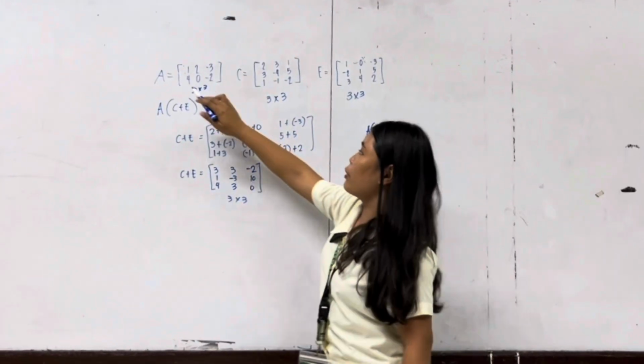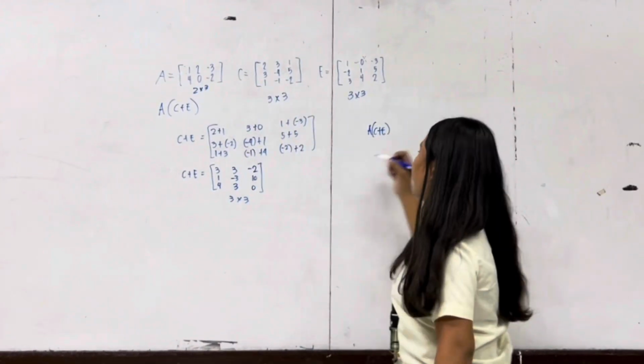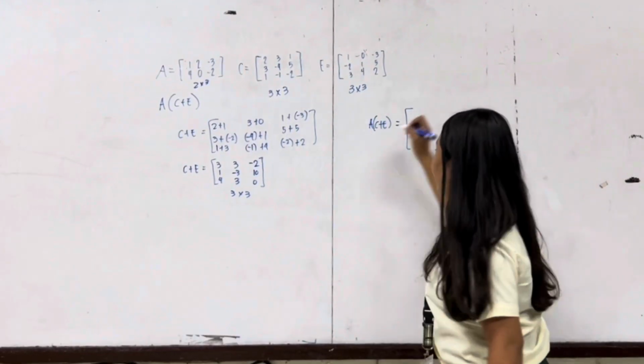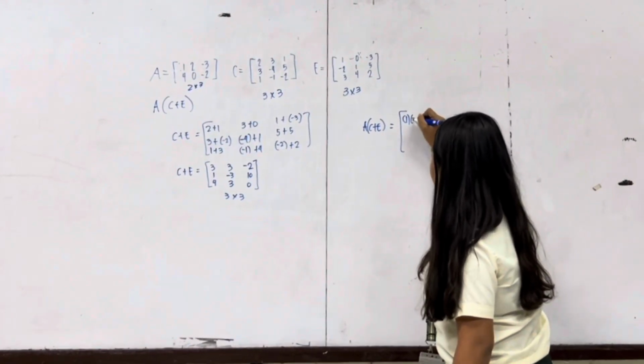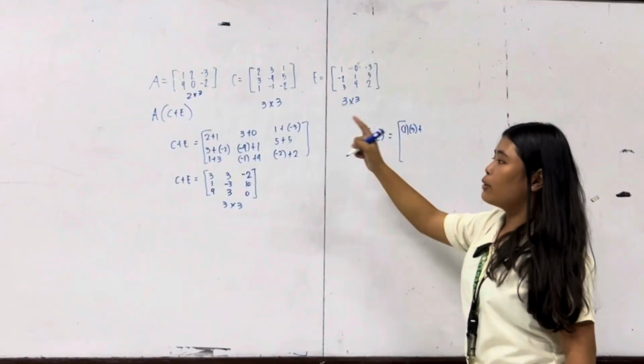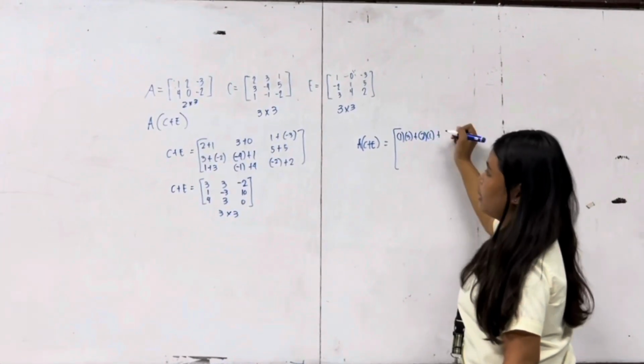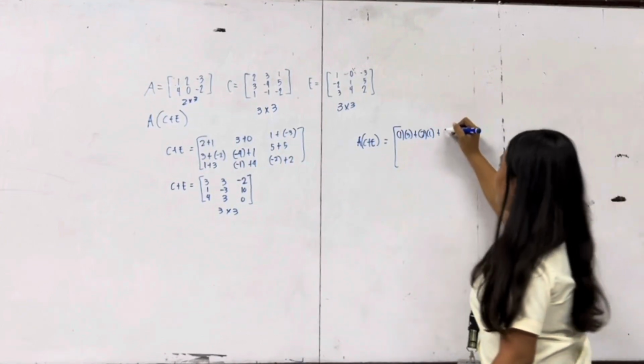From row 1 to column 1: 1 times 3 plus 2 times 1 and negative 3 times 4.